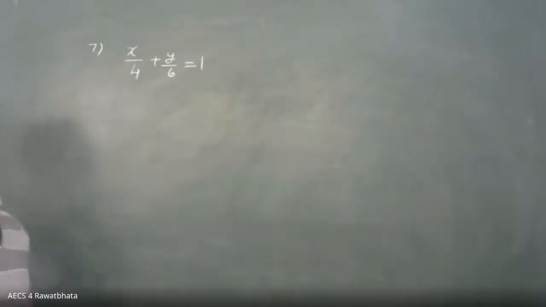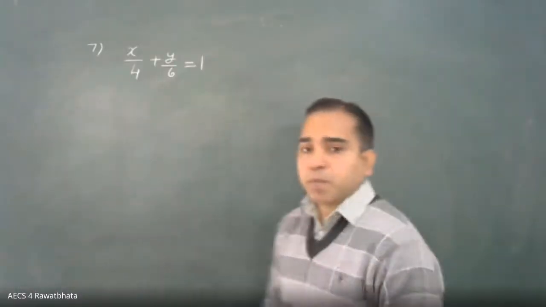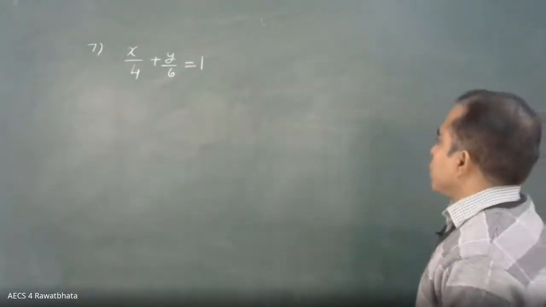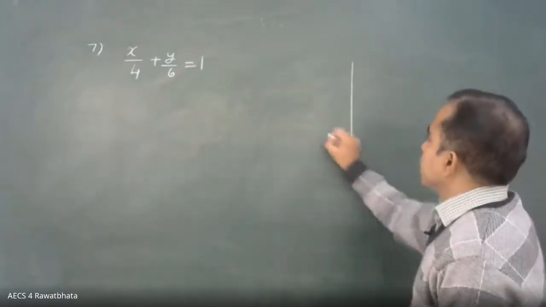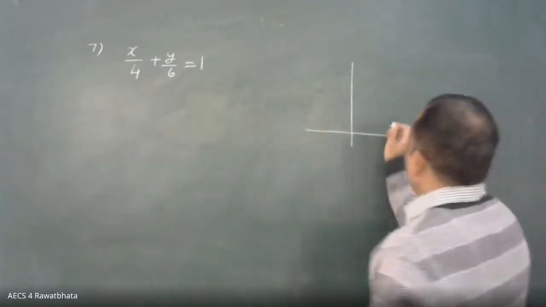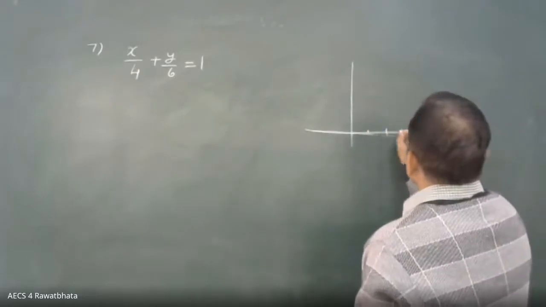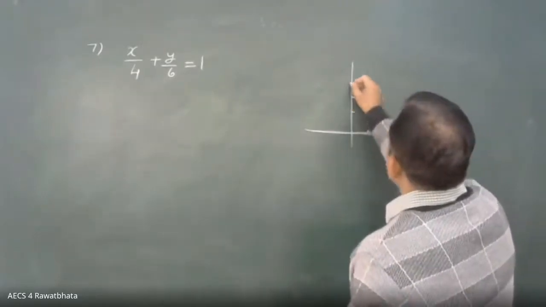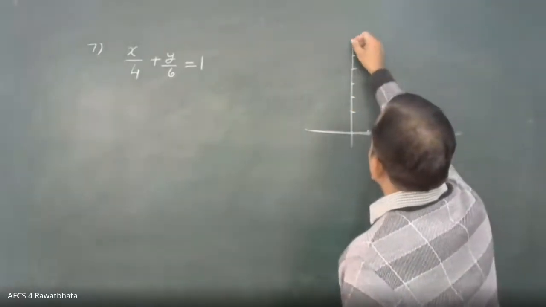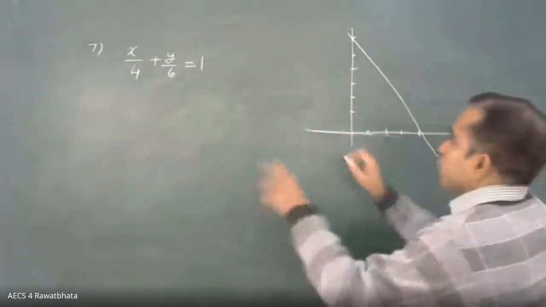If you read this question properly, they are asking that first this line is given, whose equation is x upon 4 plus y upon 6 equals 1. So if this is 4 and this is 6, this is line 1.